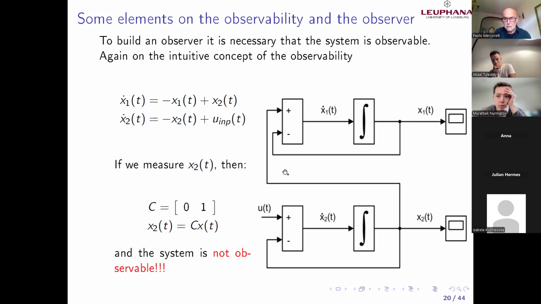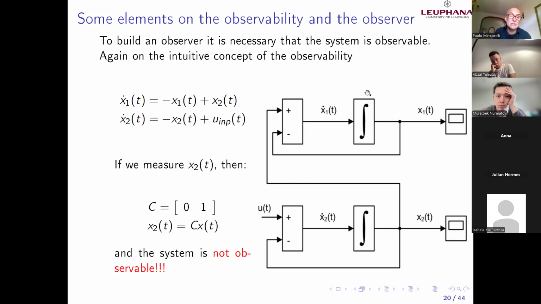It's easy. Because look, if you consider x1 in this position here, between x1 and x1 derivative, which is here in the first equation, we have an integral. Because we know that the integral of x1 derivative, if I know the initial value of x1, is x1. This means between x1 derivative and x1, we have an integral.